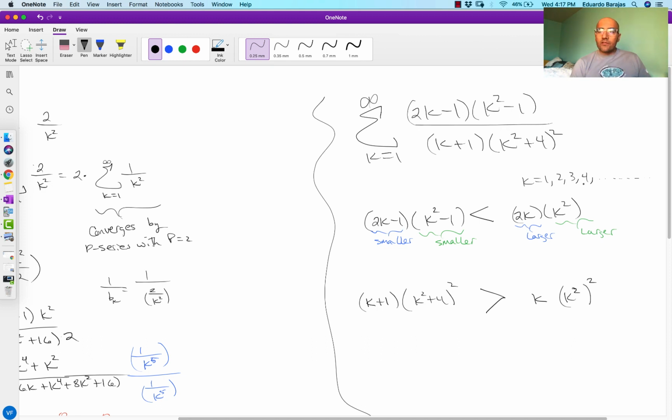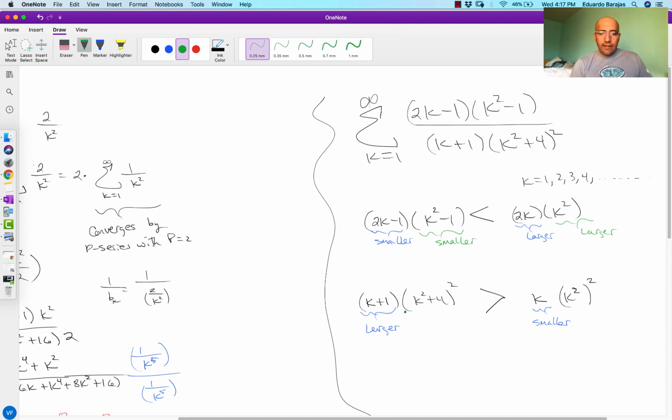Again, for k equals 1, 2, 3, 4, 5, it's kind of like on a term-by-term basis. So this one is going to be the smaller, and then this one's going to be the larger, right? So k is always smaller than k plus 1.